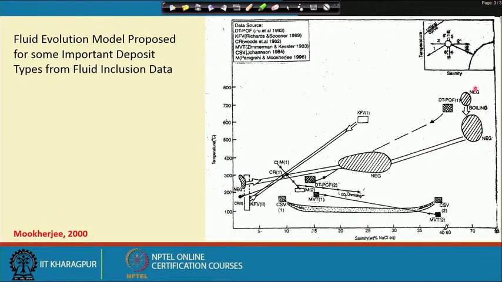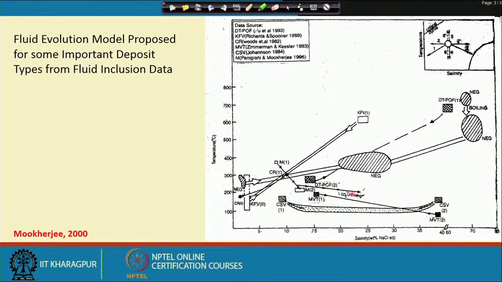We could see that in this deposit, the fluid has been interpreted to have evolved in a complex manner, starting with a very high temperature, very highly saline, boiling fluid, which evolves down to intermediate temperature and salinity values still in the two phase field, and then with gradual warming of the magmatic phase with incursion of low saline, low temperature meteoric water, it gives rise to a mineralizing system which starts with barren quartz topaz rock, then veins of cassiterite and quartz, and then finally the sulfides in the veins in the late alteration assemblages.